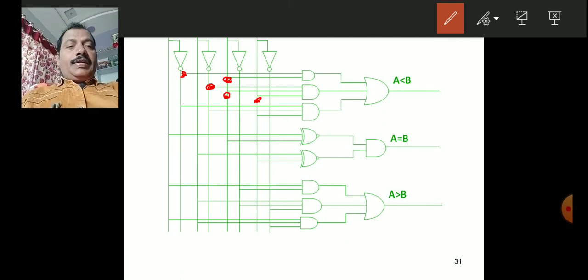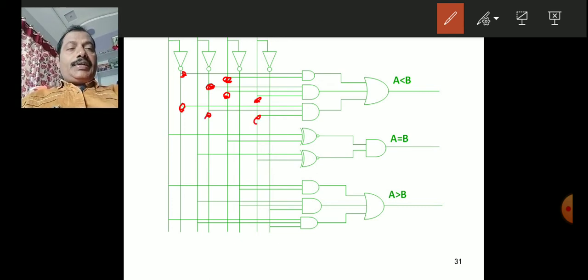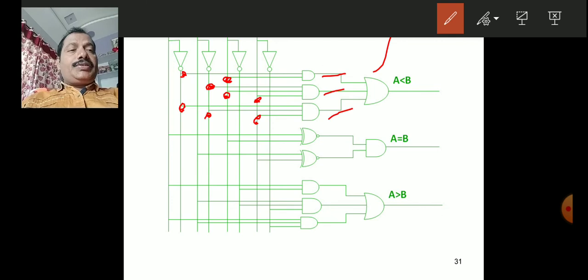A1 bar connected and A0 bar connected and B0 connected, like this. So this is A less than B, and all these three AND gate outputs are connected to the OR gate. Finally you will get the A less than B output.